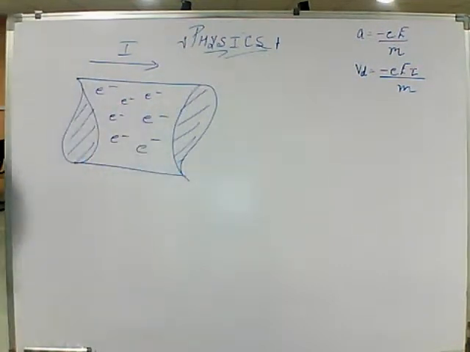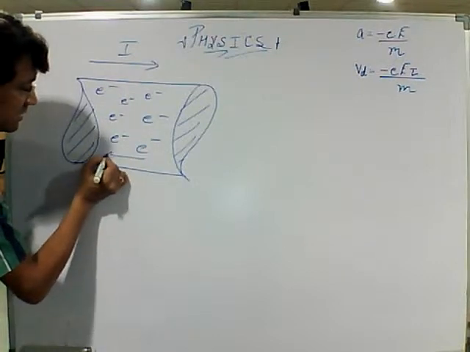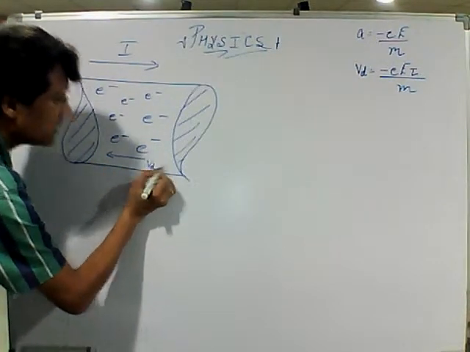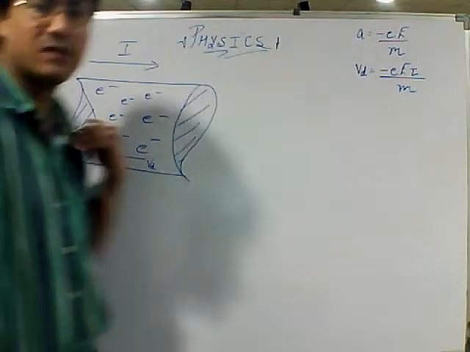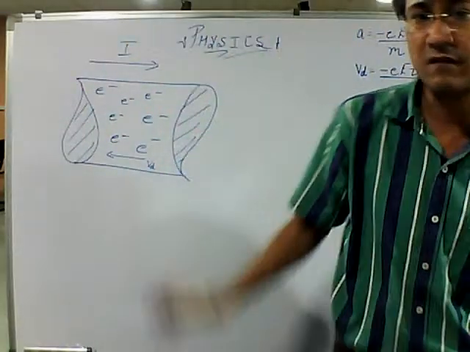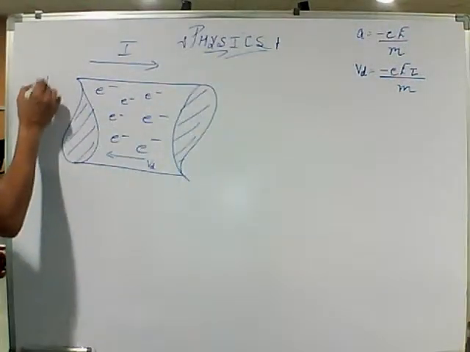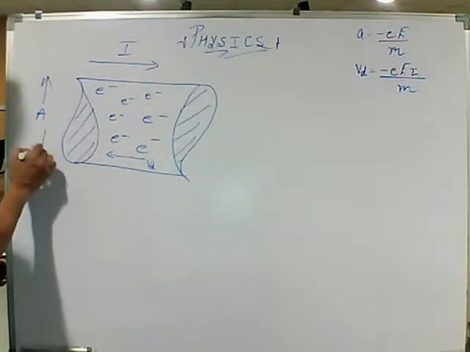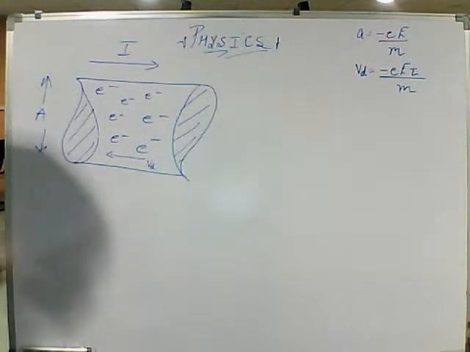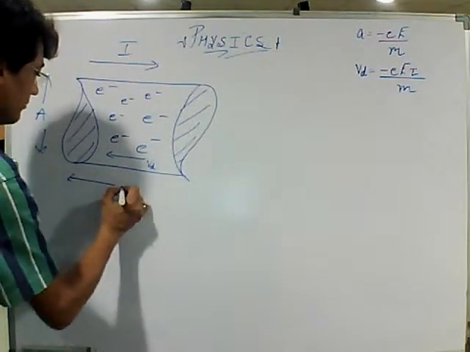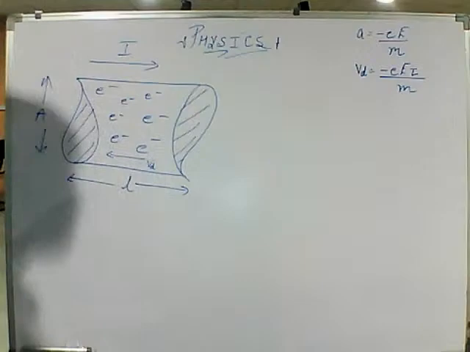This you are studying from class 10. They will be drifting in this direction with the drift velocity vd. Now let the area of cross section of this sample be A and the length be L.